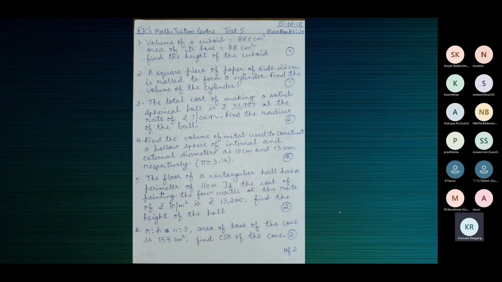So then what is 154? How do you find the area of a circle? What's the formula to find the area of a circle? Pi r square, ma'am. Now what is pi r square equal to? 154.